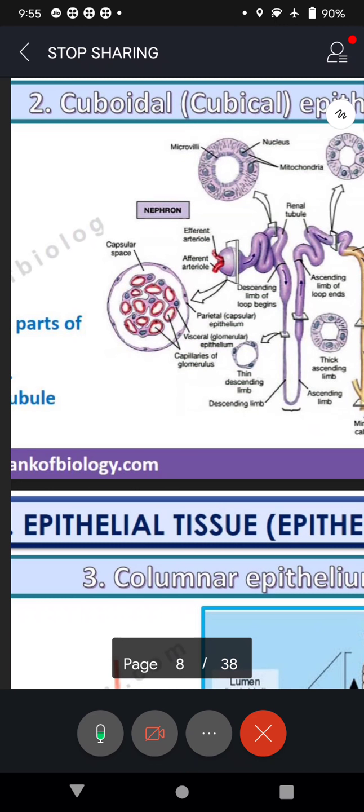osmoregulation. The kidney has to maintain, in fact, the nephrons have to maintain osmolarity or osmoregulation. I think sometime back I told you, I defined osmosis. So, when the osmoregulation is done, then only all the toxic substances from blood will go out of our body.